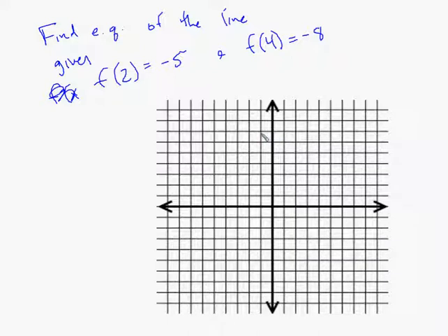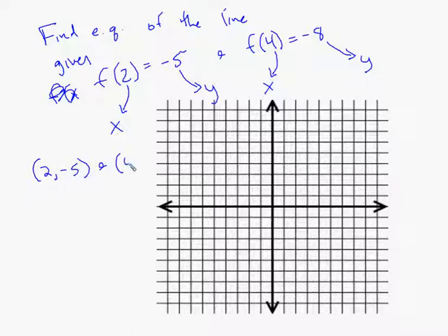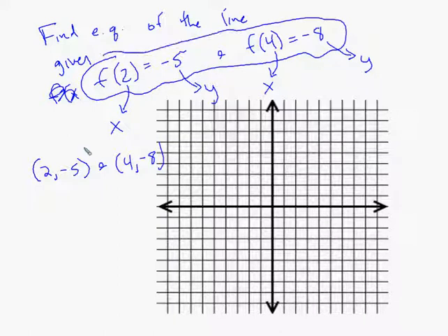Does that mean when you plug those 2 points into the equation you get this? Yes. So this is an x, this is a y, this is an x, this is a y. So my points are (2, -5) and (4, -8). Your book actually gives you these problems in this form, which is why I just reviewed it.